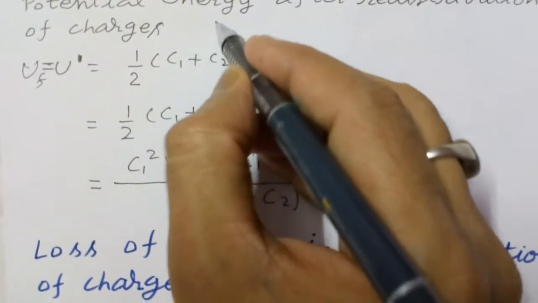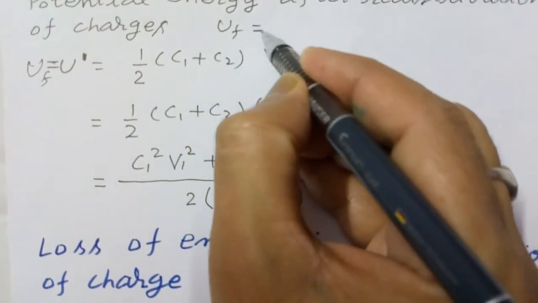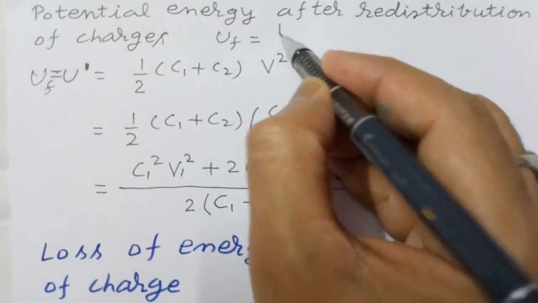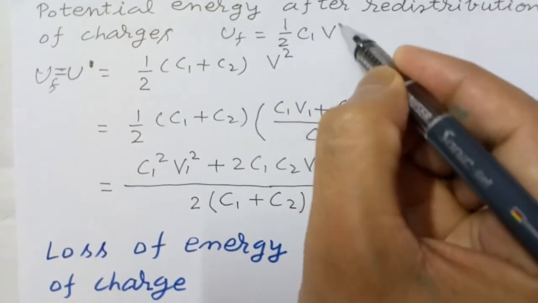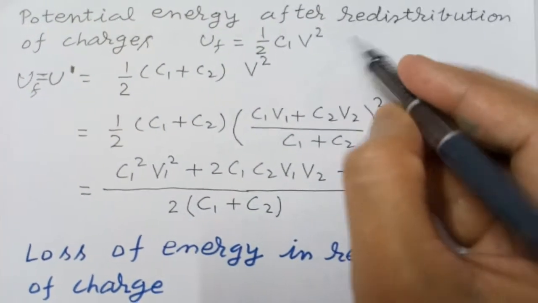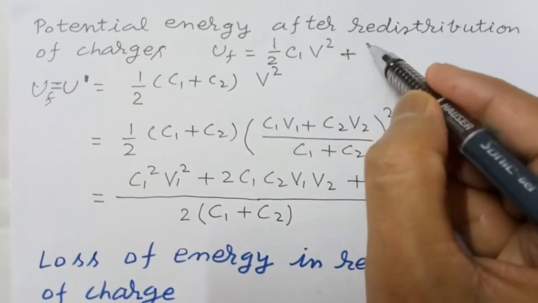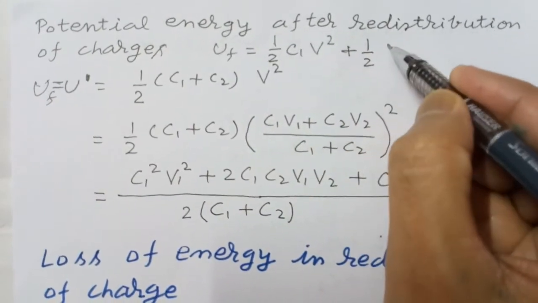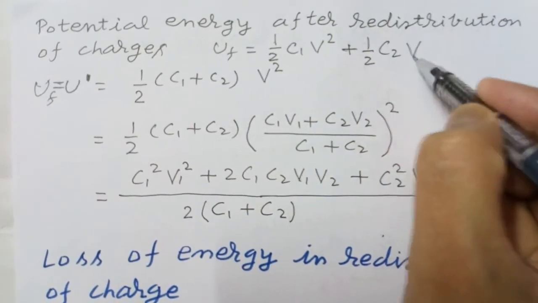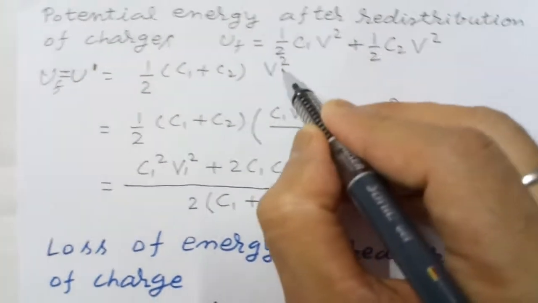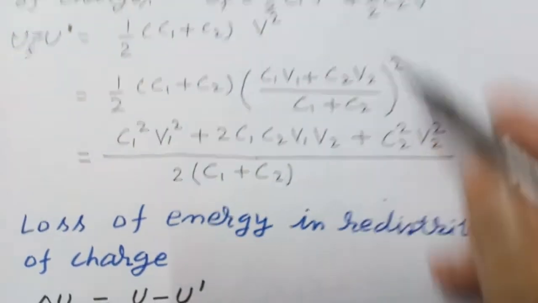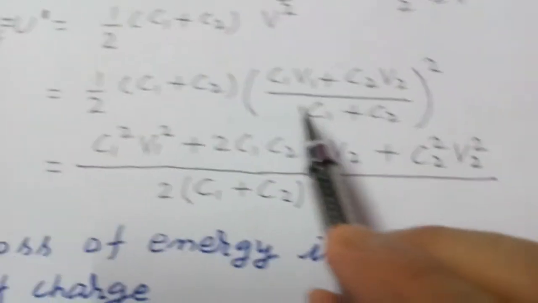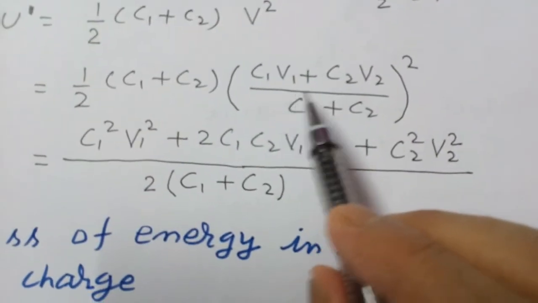So U final is equal to the potential energy in the first capacitor, which is half C1 V square because the potential is now V, plus the energy in the second capacitor, half C2 V square. So take V square common, this is equal to half C1 plus C2 into V square. Now V is the common potential, so substitute the value of common potential.